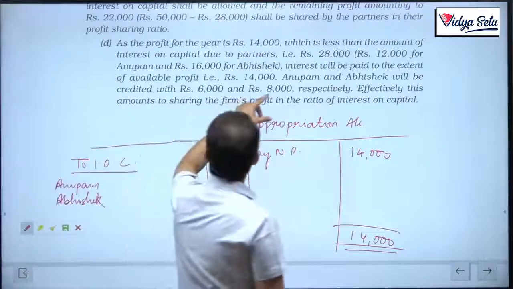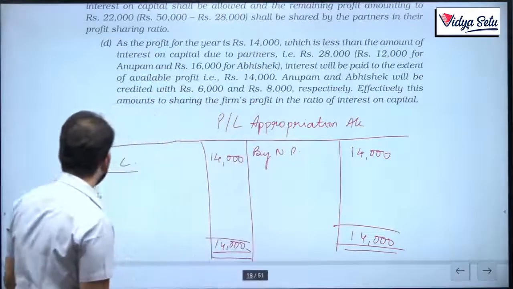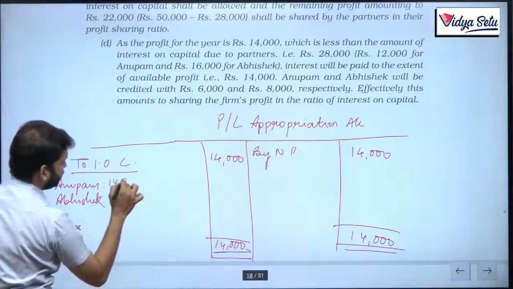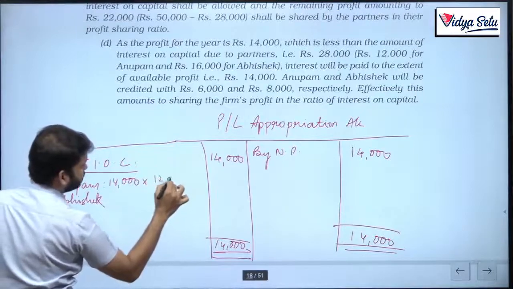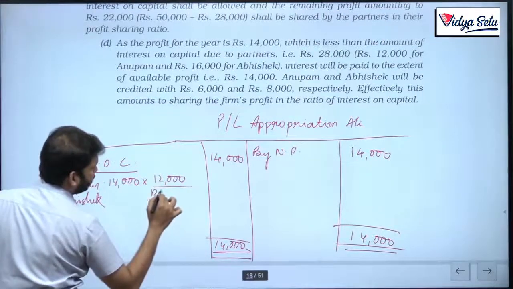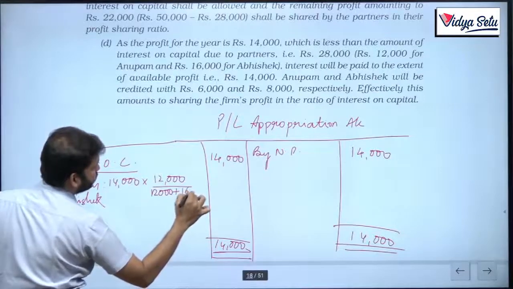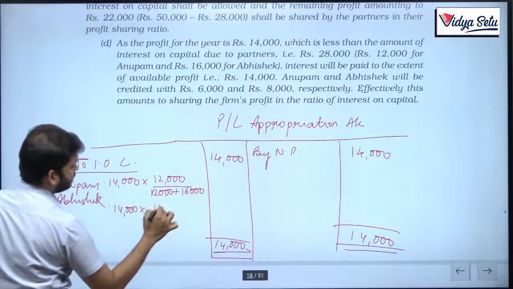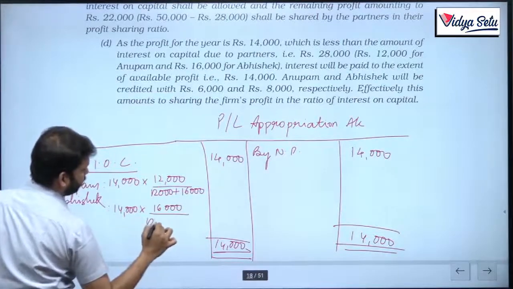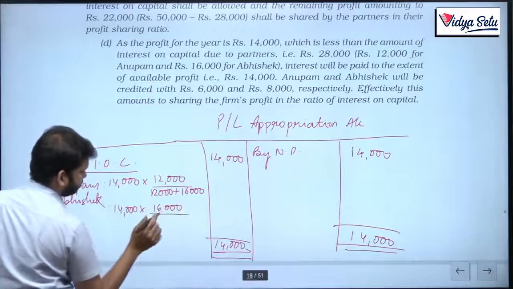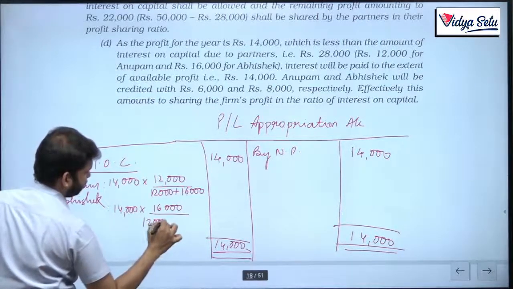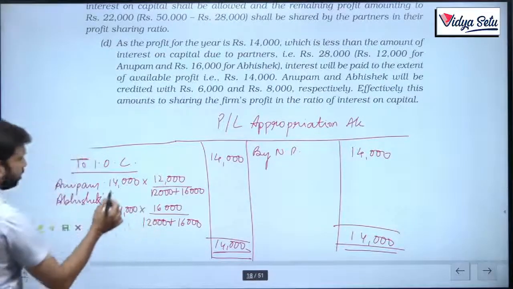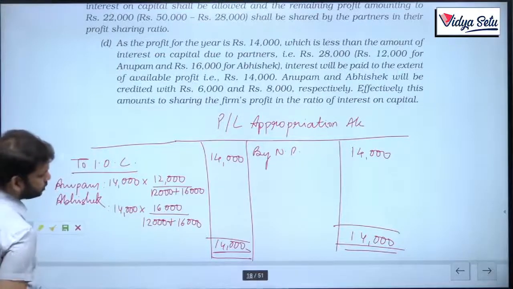So Anupam will get 14,000 times 12,000 upon 12,000 plus 16,000, and Abhishek will get 14,000 times 16,000 upon 12,000 plus 16,000. That is 12,000 upon 28,000 and 16,000 upon 28,000.